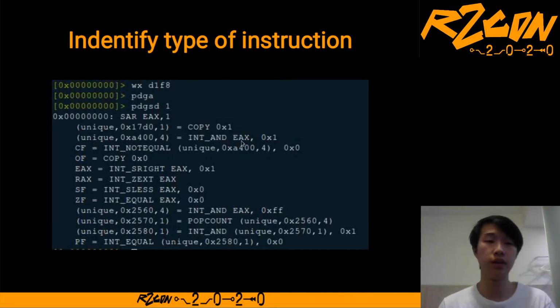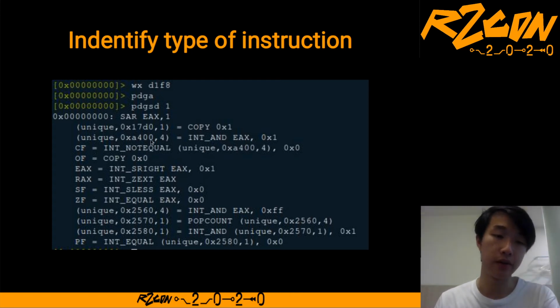And we will have to identify the type of the instruction. You can see that this instruction is just an arithmetic right shift, but SLEIGH generated more than 10 P-code ops for it. So how can we identify the type of the instruction to know that it's a right shift from so many P-code ops?